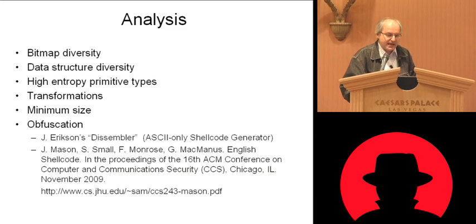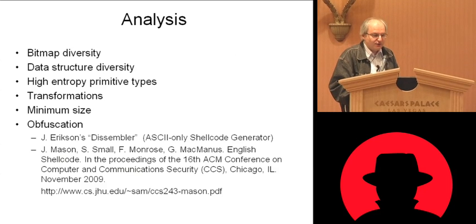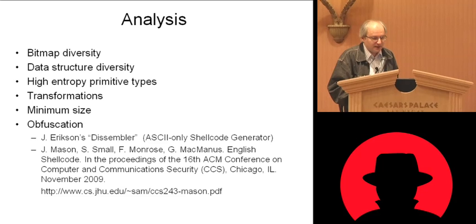So you can make code look like data, you can make data look like code. If you throw enough computational power at it, it's possible to obfuscate things to hell.